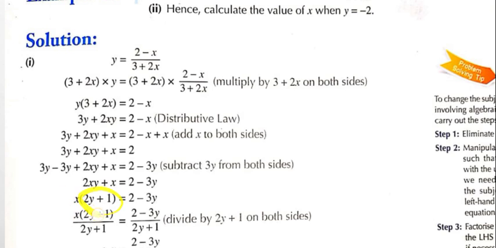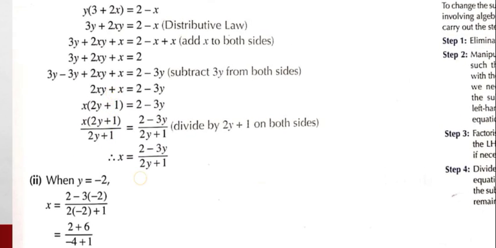And then you move the 2y plus 1 to the right side again. So we only have x here, and you have 2 minus 3y over 2y plus 1, which is here. Yeah, that's it. You have found the x successfully.